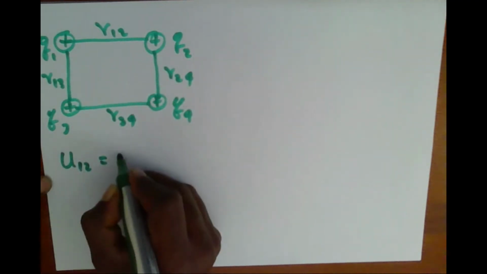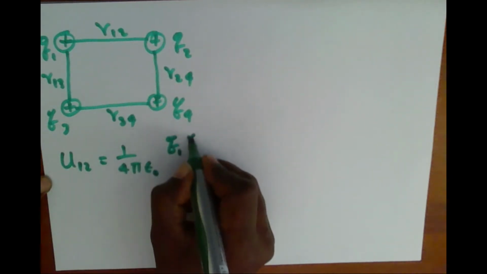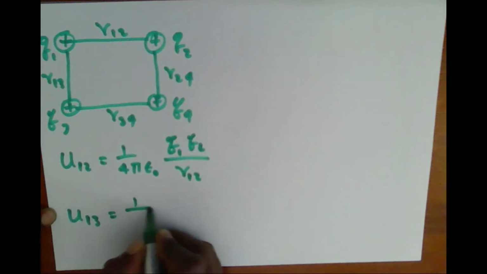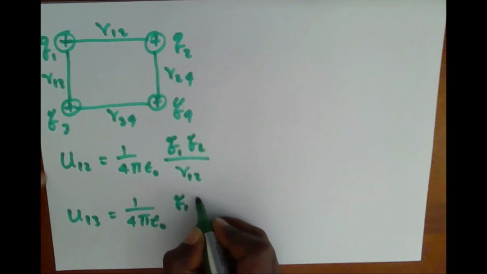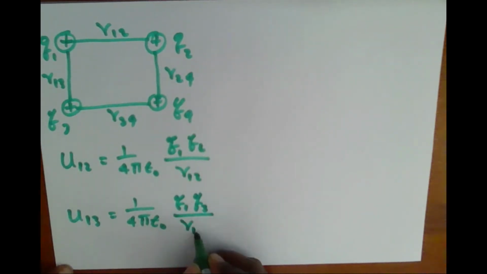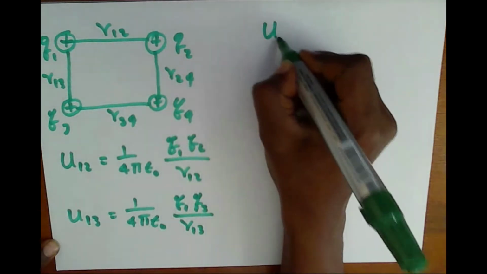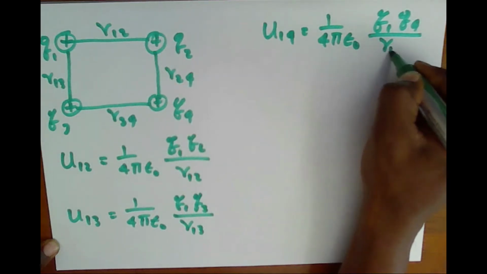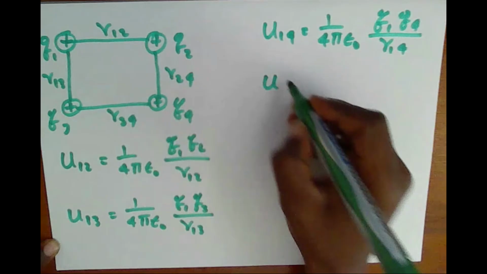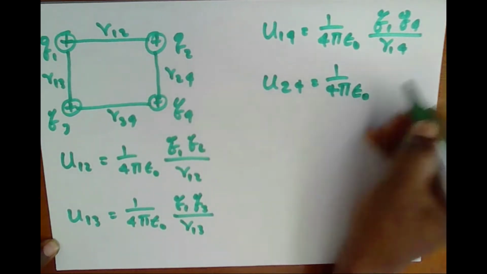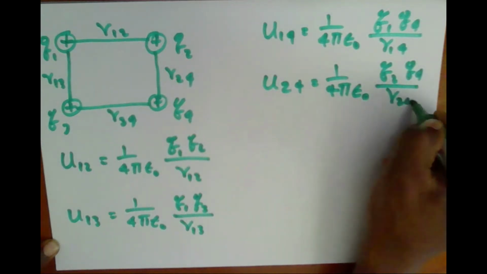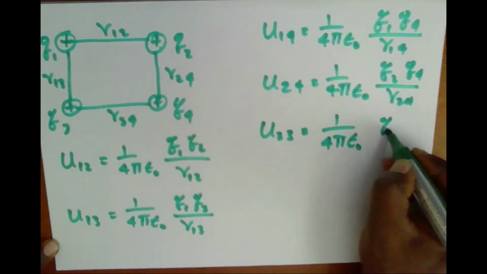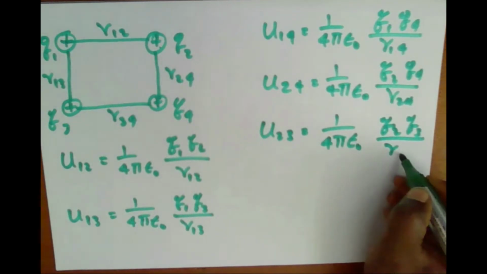Between 1 and 2 we have 1 over 4 pi epsilon naught Q1 Q2 over the distance between these two charges, which is R12, and then between 1 and 3, 1 over 4 pi epsilon naught Q1 Q3 over R13, and then 1 and 4, which is equal to 1 over 4 pi epsilon naught Q1 Q4 over R14, and then between 2 and 4, 1 over 4 pi epsilon naught Q2 Q4 over R24, between 2 and 3, 1 over 4 pi epsilon naught Q2 Q3 over R23.